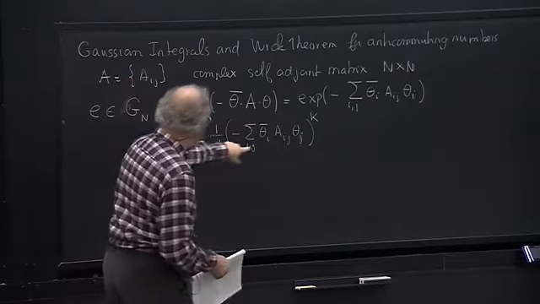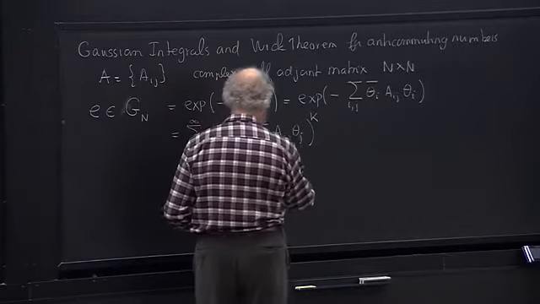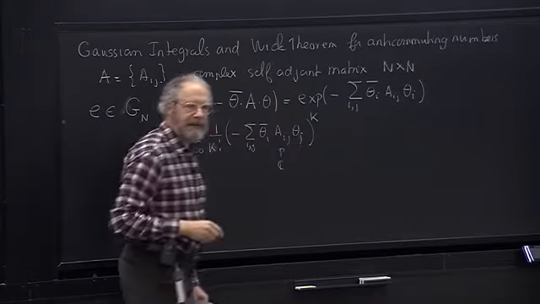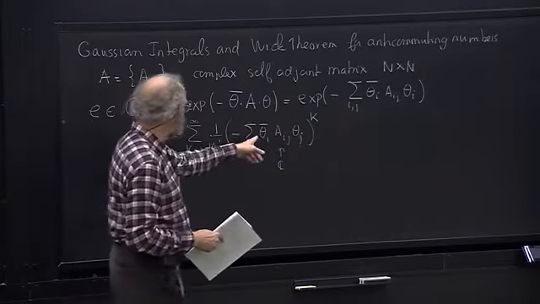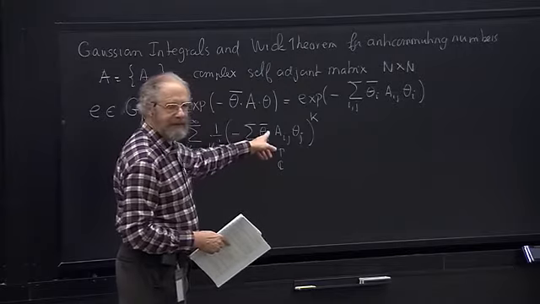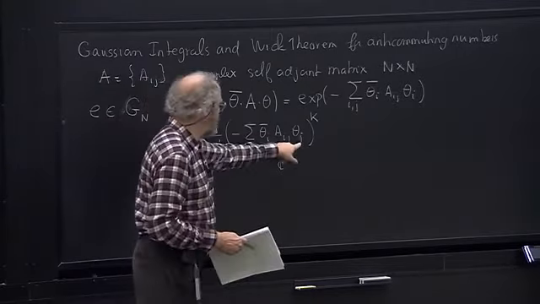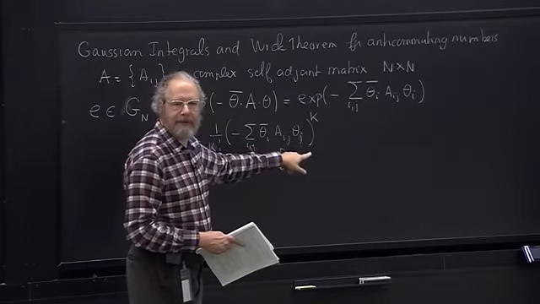So now, these A_ij are numbers, complex numbers. These are generators of the Grassmann algebra. So we get a product of A's and of thetas and theta bars. So now the rules: we re-express everything by putting the thetas to the left and the theta bars to the right.